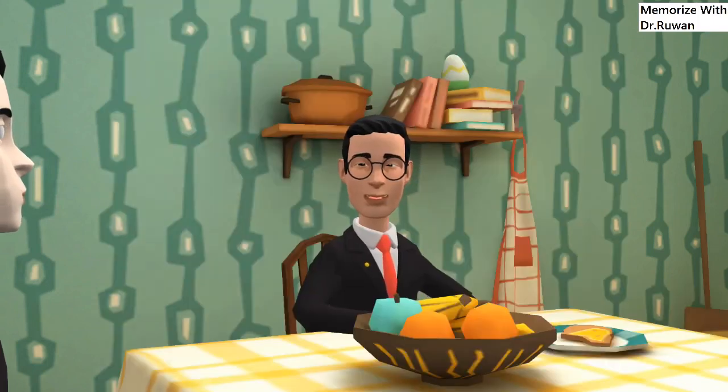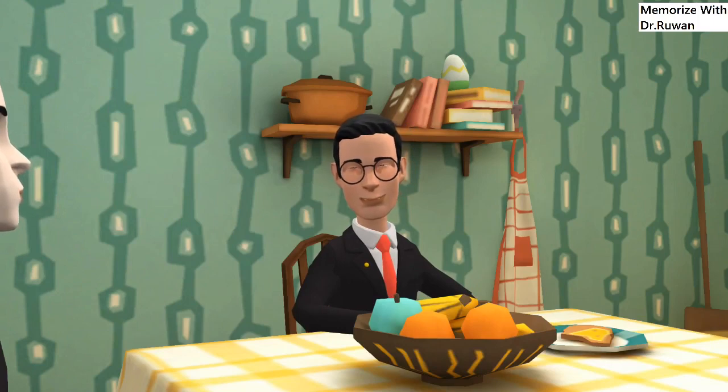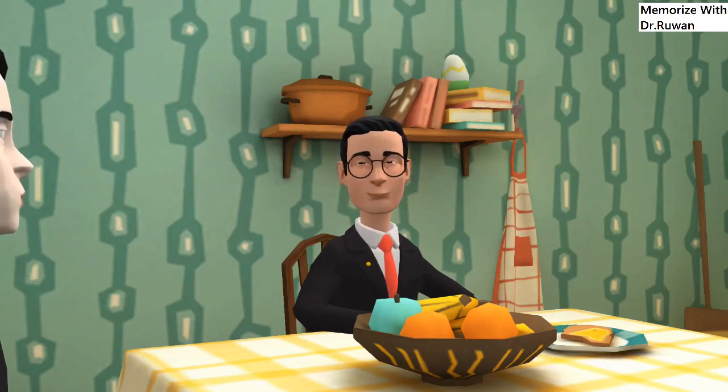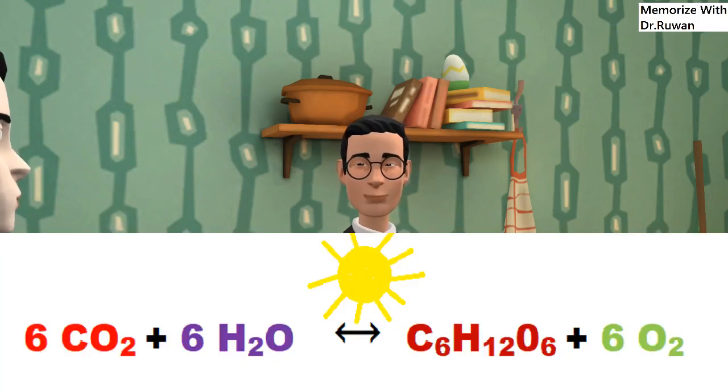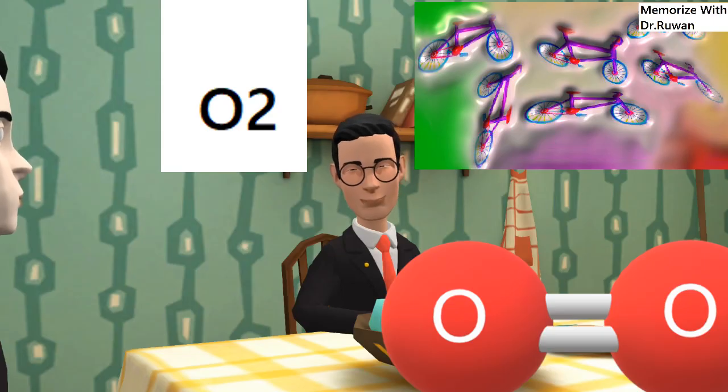Plants take carbon dioxide and water, and with the help of the sun's energy, combine them to form glucose. The sun's energy gets trapped inside glucose. Do you remember how the bicycles were scattered on the ground during the accident? Each bicycle represents 2 wheels, which means what? 2 oxygen atoms, right?